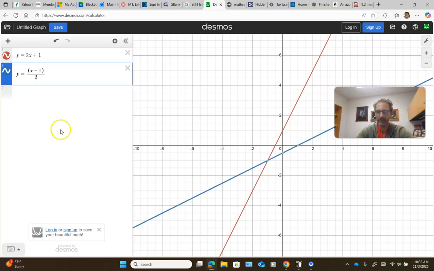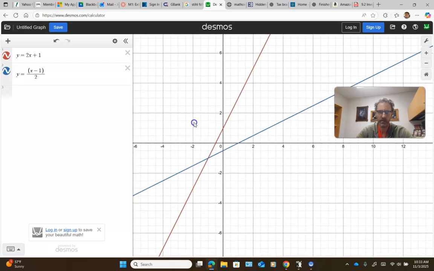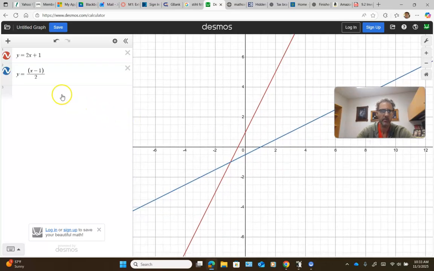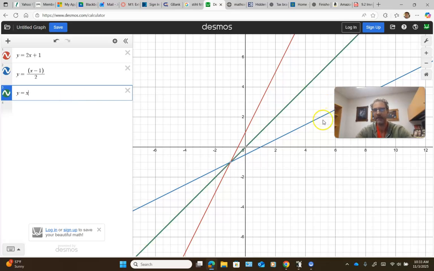Now you may be saying, well, I don't see the symmetry. But if I type in that line of symmetry, y equals x, then you can see it. You can see how all the points that make up this line in red are simply a reflection about this line in green to give us this line in blue.